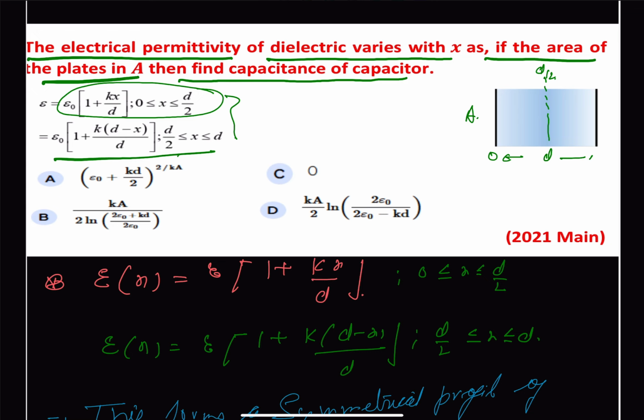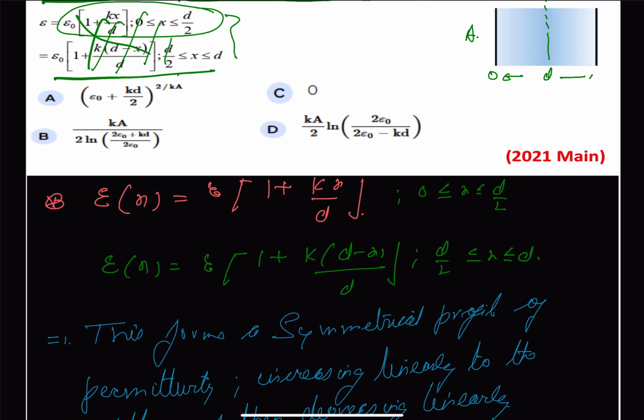Yes, so this equation I have written is incorrect. And that's why the problem is. Here it is epsilon naught, it is not a product, but it is simple addition.